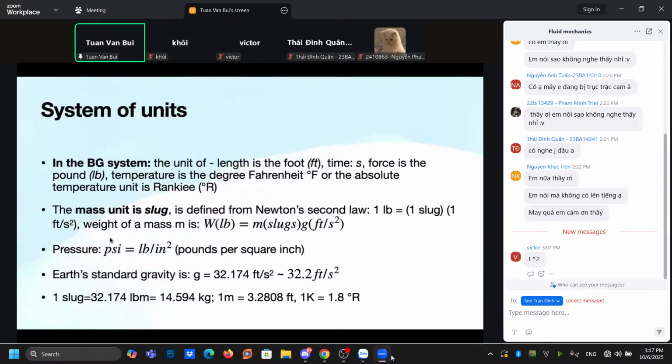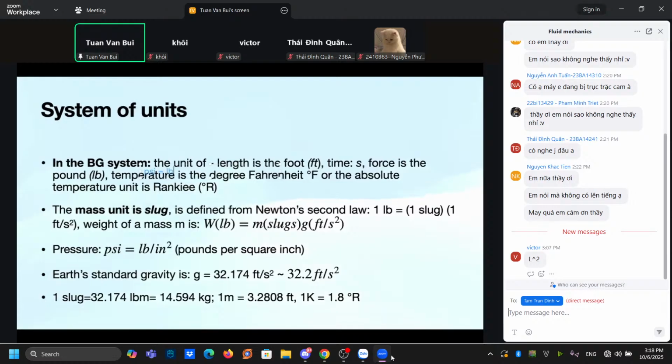For the pressure, in fluid mechanics you will of course use this parameter a lot of the time. Pressure is PSI or PSF.